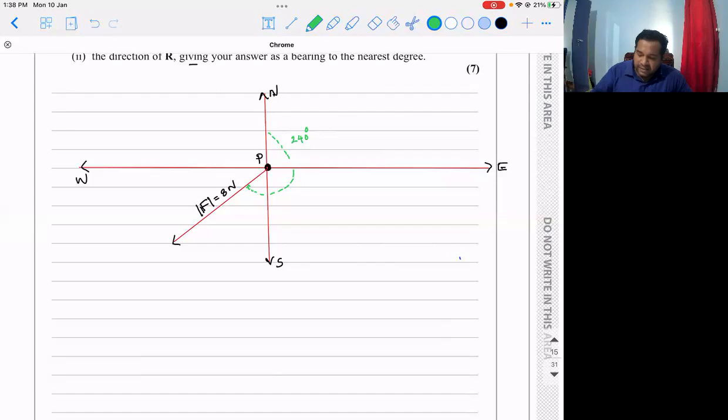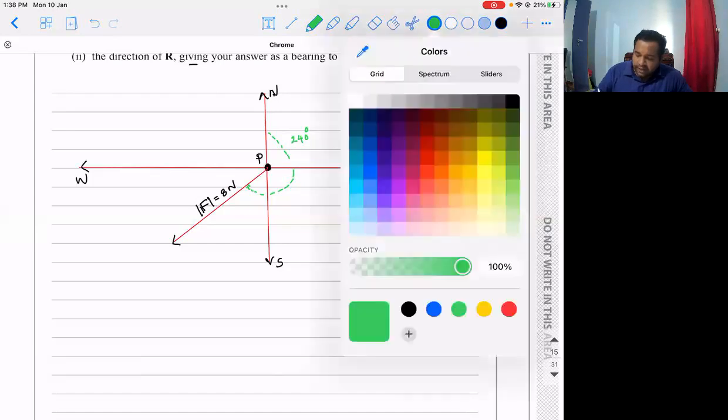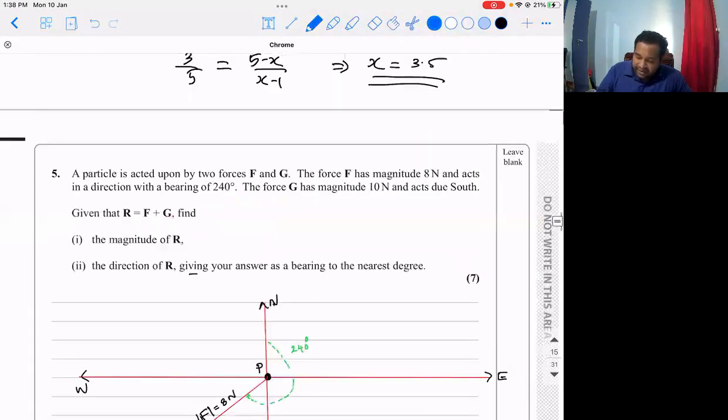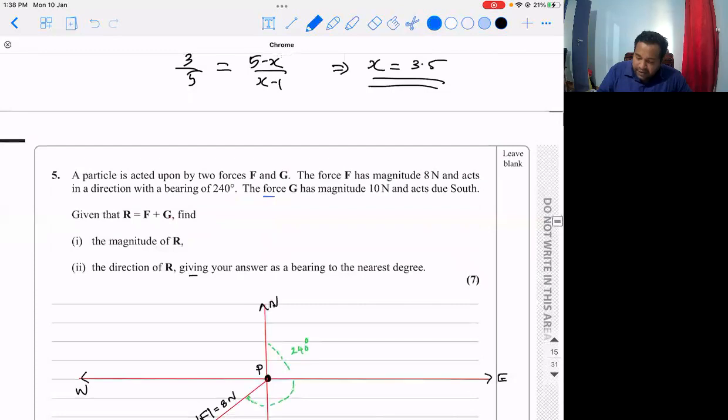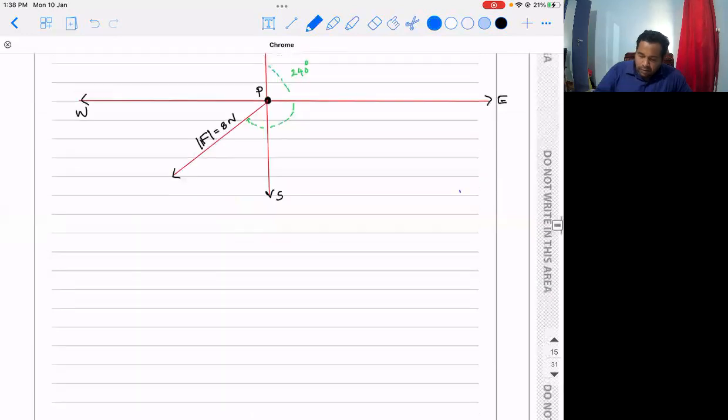Then the speciality of G. It has a magnitude of 10 Newton and acts due south. So we will mark that as well.